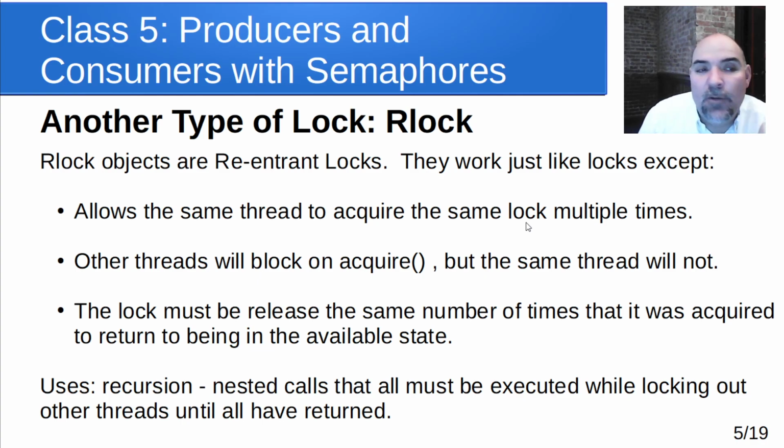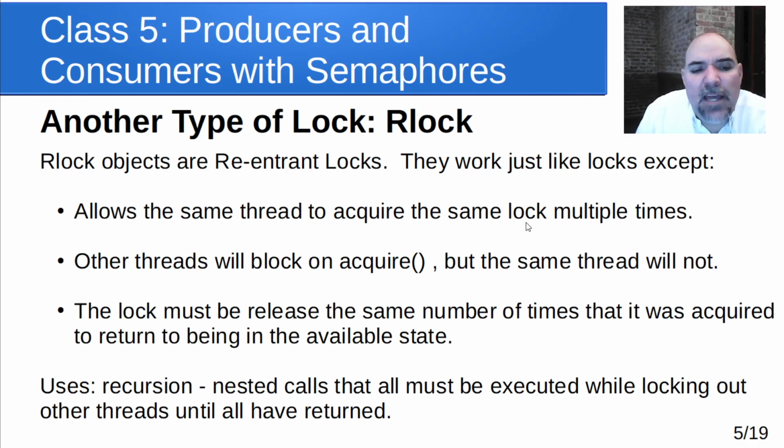We can hit acquire once, we can hit acquire again, and it won't block. We can hit acquire again, it won't block, but if another thread hits acquire, it will. And for every acquire, there needs to be a release method called on that lock to return the lock to being in the available state.